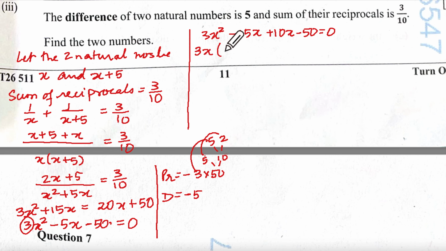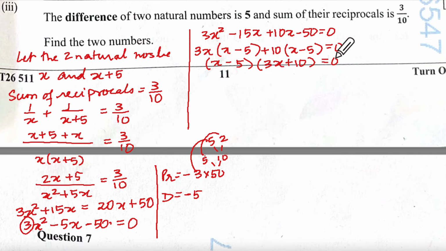So good factorization, not very demanding, not very taxing, and x minus 5 is common and 3x plus 10. So we will have x minus 5 equal to 0 or 3x plus 10 equal to 0.